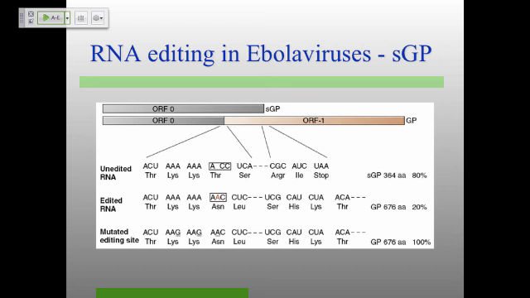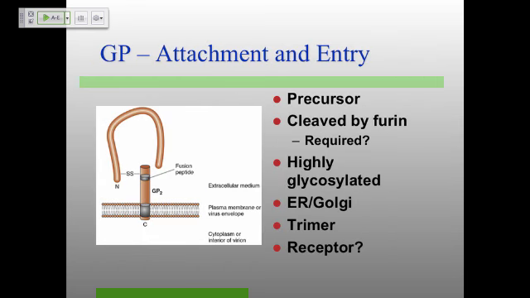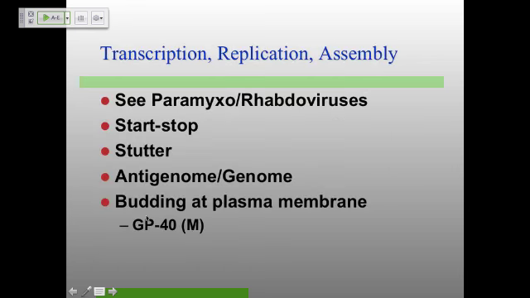A difference between filoviruses and rhabdoviruses has to do with how this secreted and non-secreted glycoprotein gets made. The insertion point, maybe I should back up really quickly here, for this protein is at the C-terminus. At the C-terminus, you've got a nice amphipathic, and in this case completely hydrophobic, stretch that inserts into the membrane.